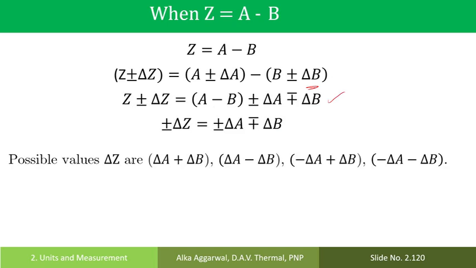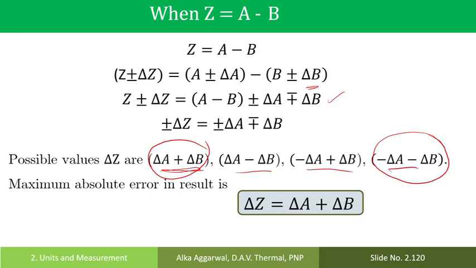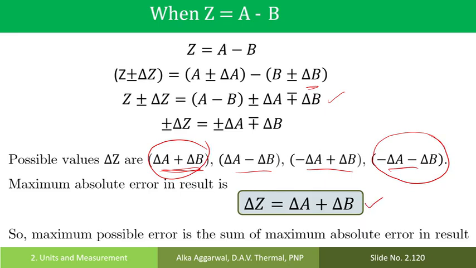The maximum possible values of delta Z are these, out of which the maximum error is possible only in these two cases. So the maximum absolute error in the result is the sum of the absolute errors of the measured quantities.